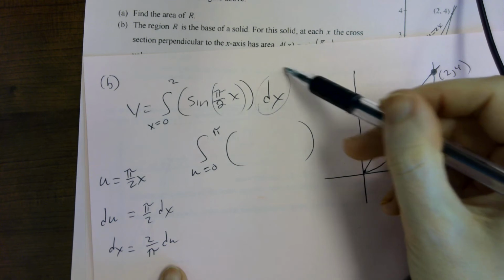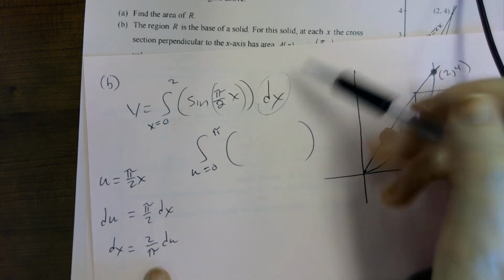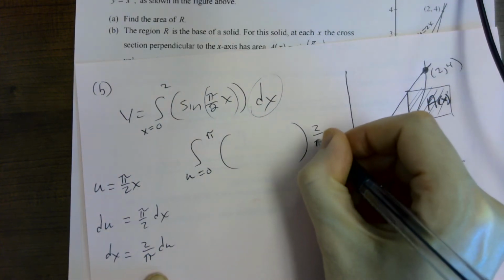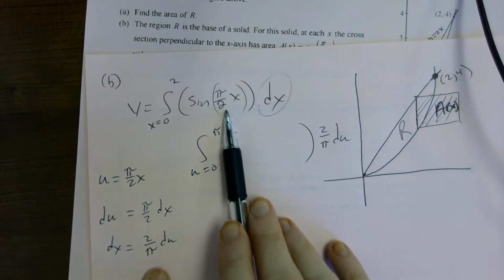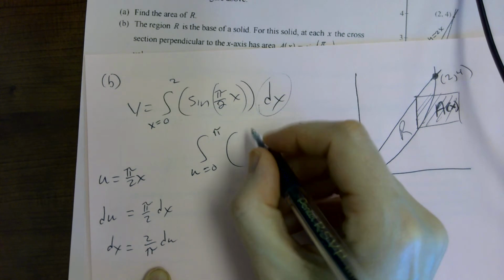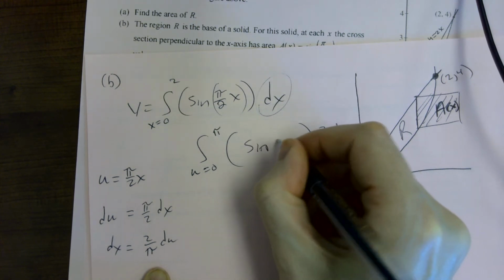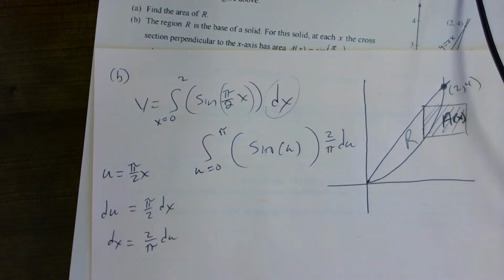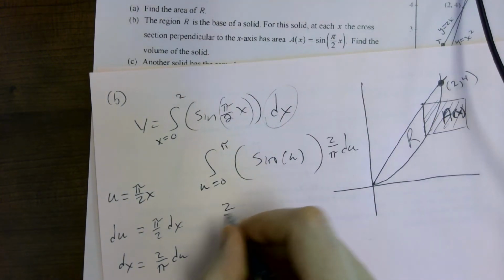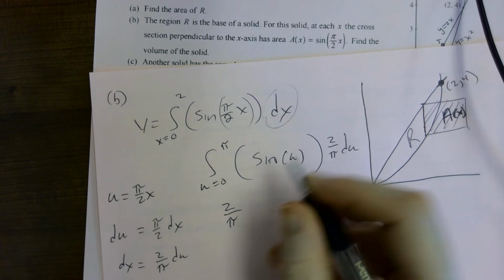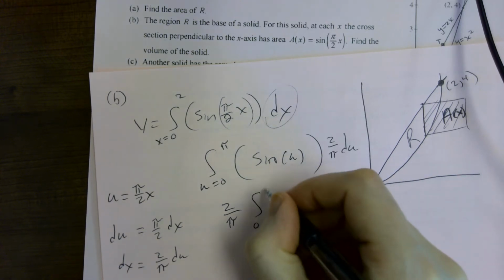So where this dx used to be, I'm putting 2 over pi du. And then inside here, this becomes a u, so this is just sine of u. Now everything is in u values. You can pull this 2 over pi out front if you want.